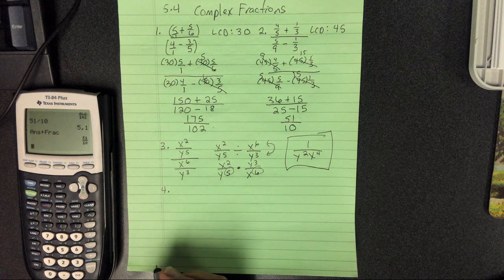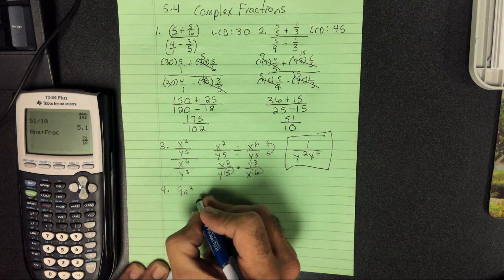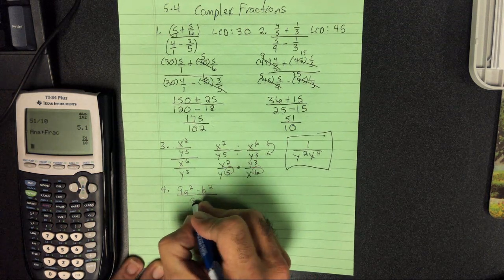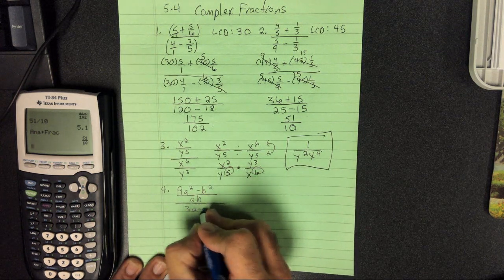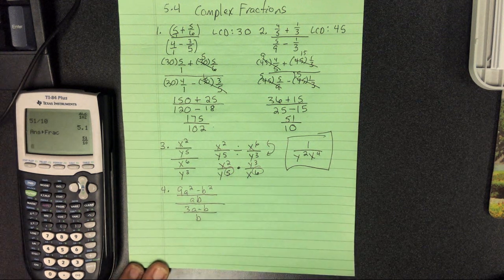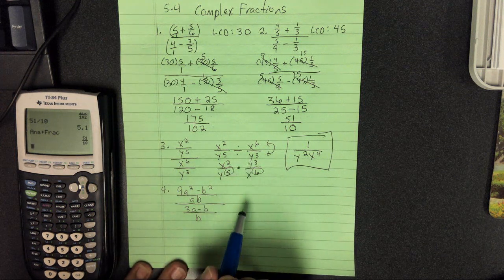Alright, let's see what I got here for 4. 9a squared minus b squared over ab, divided by 3a minus b over b. Alrighty, so let's see what I'm going to do here. I'm going to treat this like I did a while ago with the division.